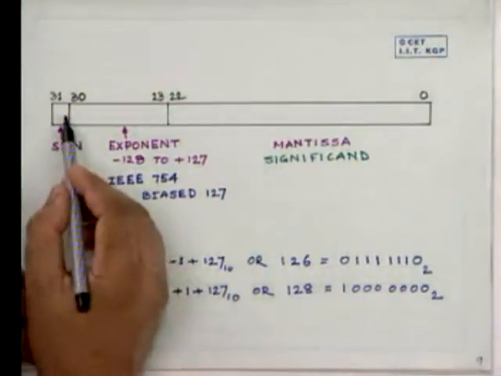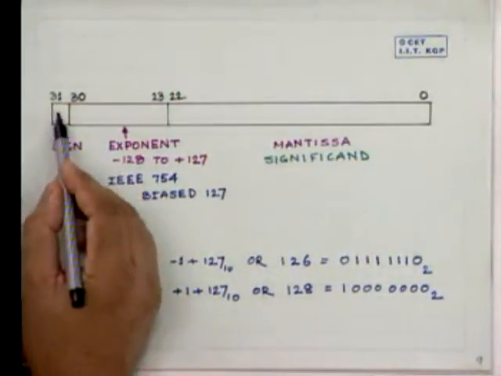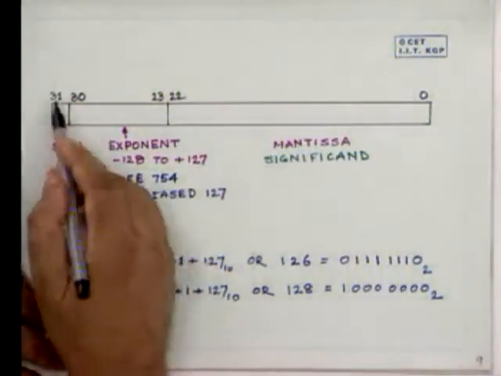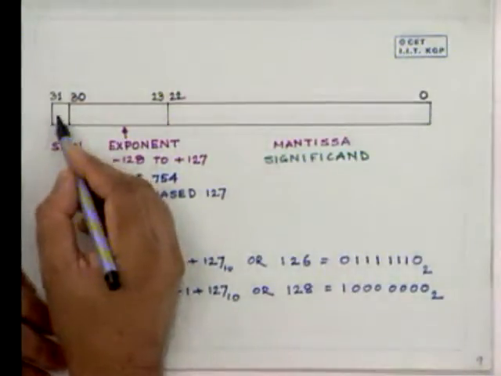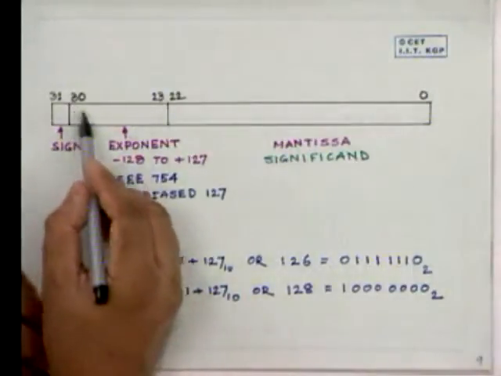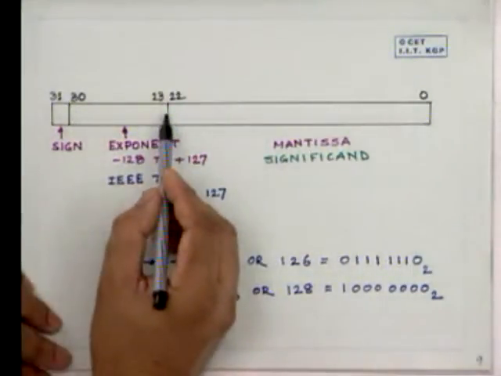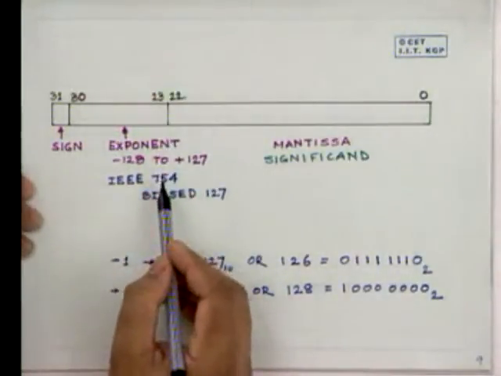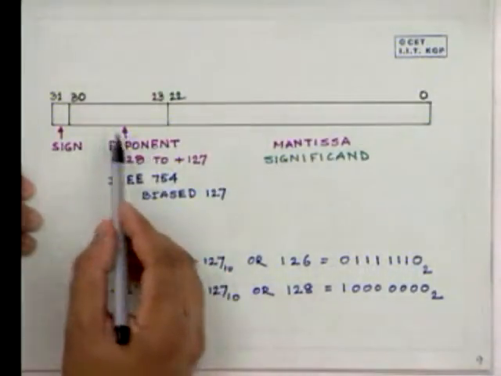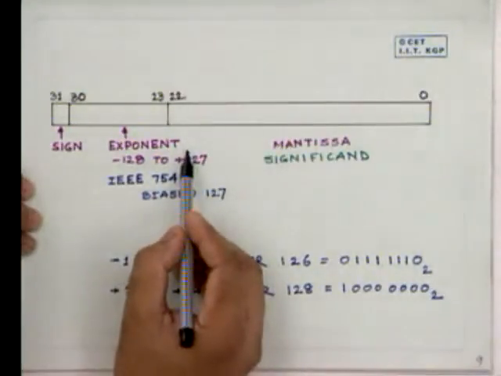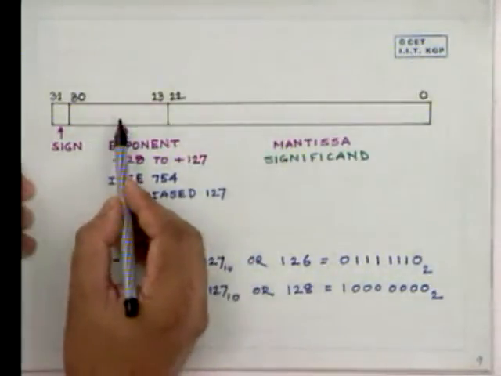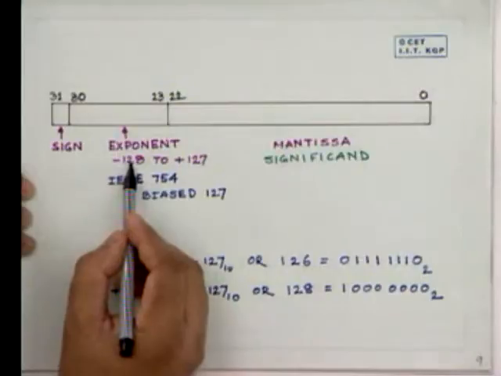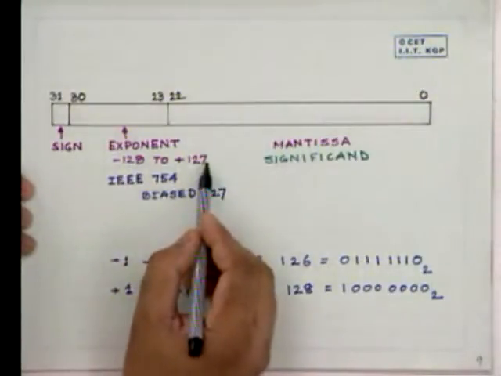We keep the most significant bit as the sign bit of the entire number, whether the number is positive or negative. We keep an exponent, say 8 bits. If we represent the exponent in 2's complement form, we can represent 2 to the power minus 128 to plus 127.